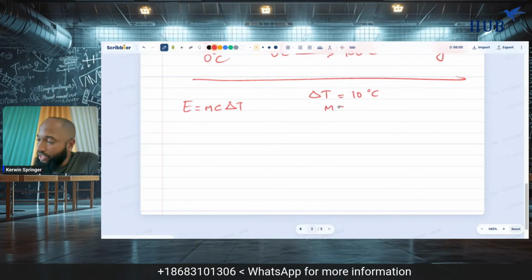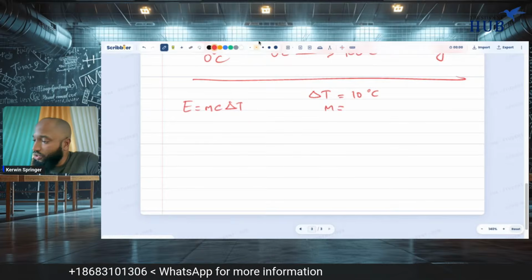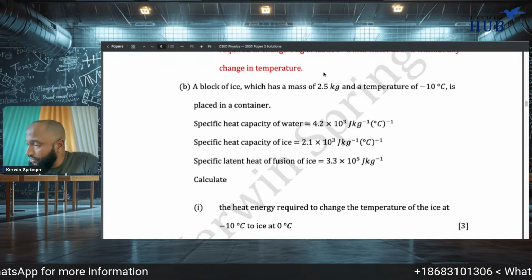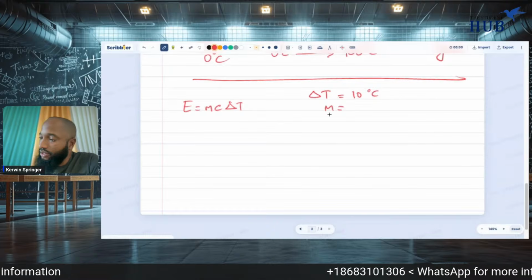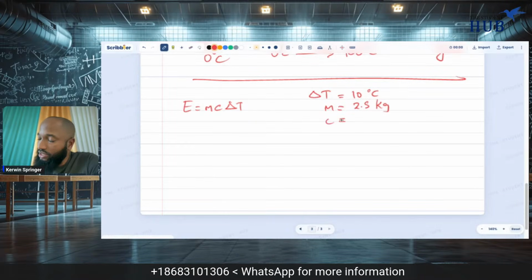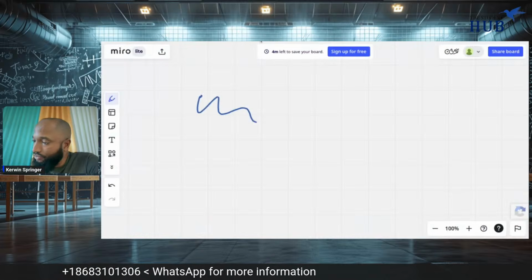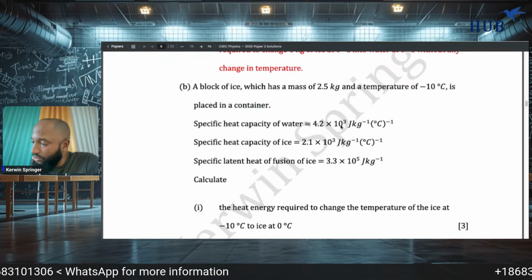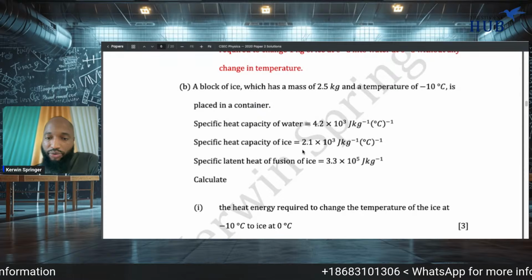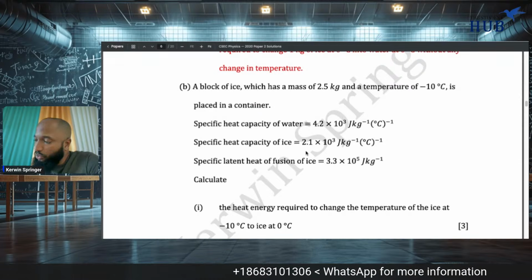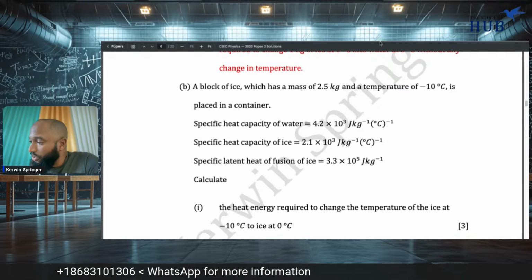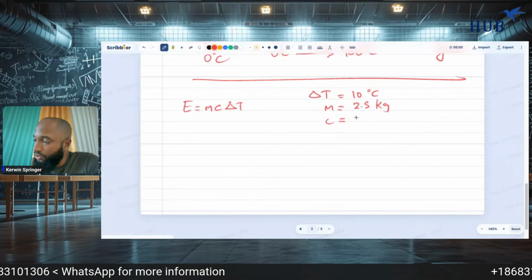M was given as, you have to watch out for any tricks here, 2.5 kg. Is this in kgs? It is. And C is the specific heat capacity of ice, 2.1 times 10 to the power of 3, which is different if you're dealing with ice.